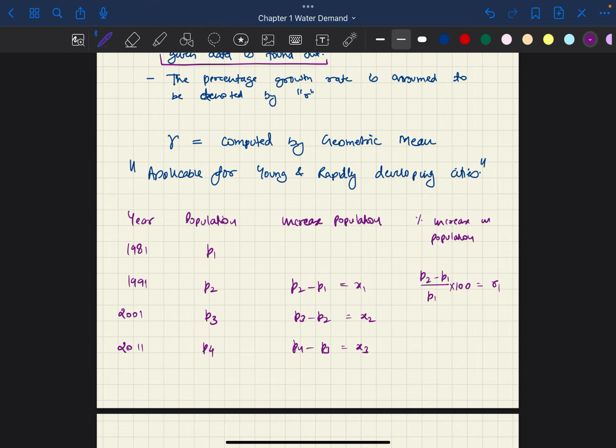This rate is R1. Just like the same, P3 minus P2 divided by P2 into 100, this is R2. P4 minus P3 divided by P3 into 100, this is R3.